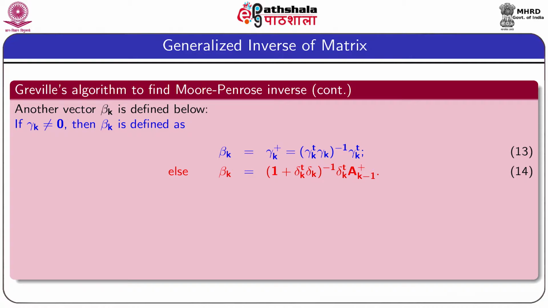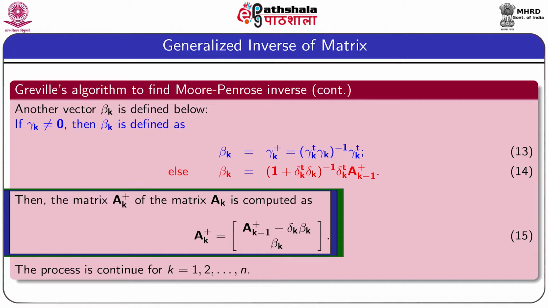So, gamma k plus is the Moore-Penrose inverse of gamma k, which is equal to the conventional inverse of gamma k transpose into gamma k, whole into gamma k transpose. Otherwise, beta k equal to 1 plus delta k transpose into delta k whole inverse into delta k transpose into the Moore-Penrose inverse of the matrix A k minus 1.